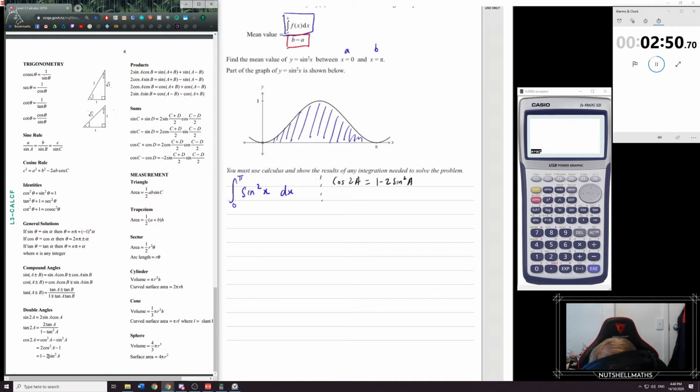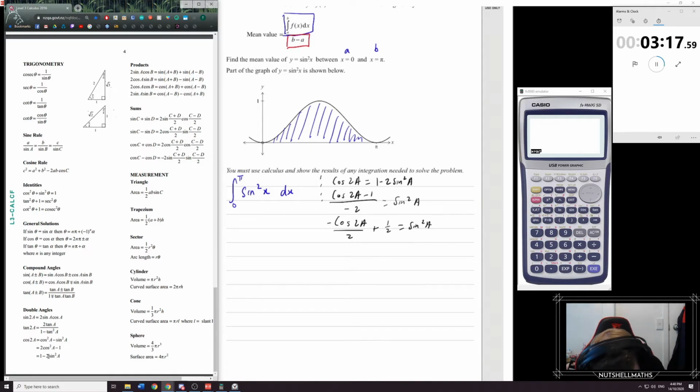Let's rearrange this whole formula. So we get cos 2a minus 1 all over minus 2 equals sine squared a. I'm going to make this a bit nicer. Let's make it minus cos 2a over 2 plus a half equals sine squared a.